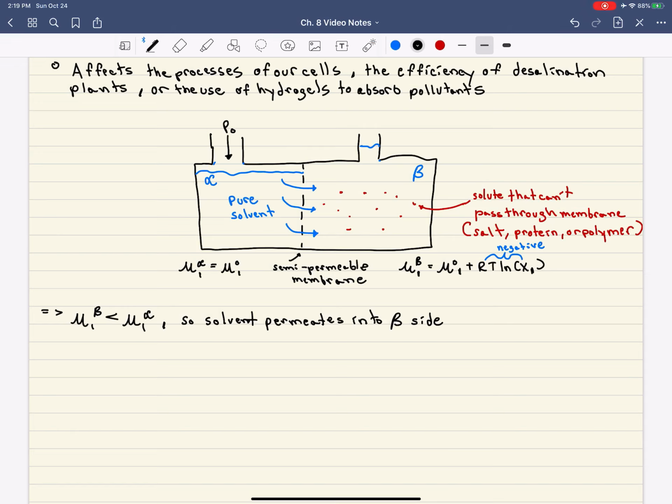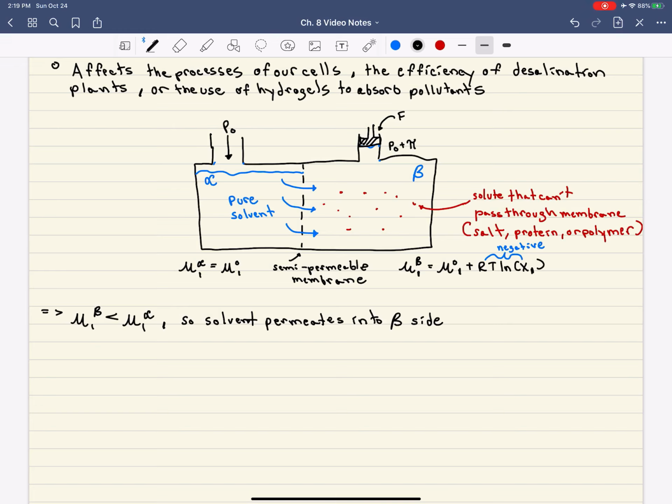The way we could think of it is, let's say in this little stem here, we put in a little piston cylinder system where we could apply a force. And when we apply a force, what we're doing is changing the pressure on the beta side.